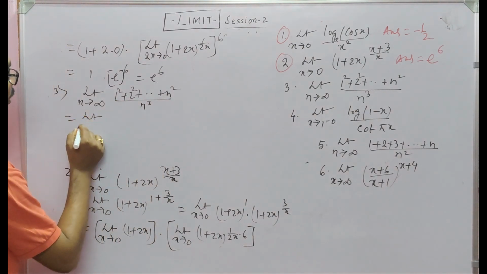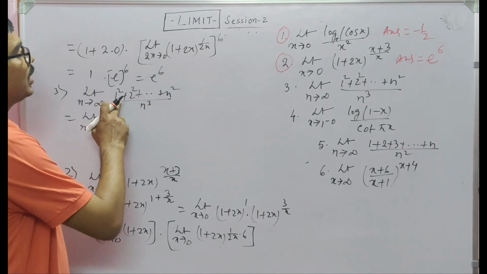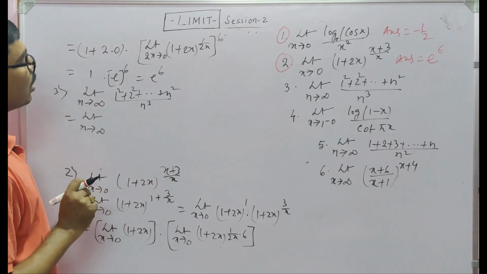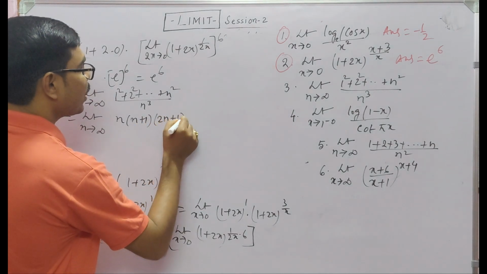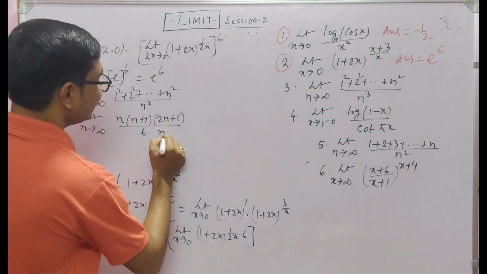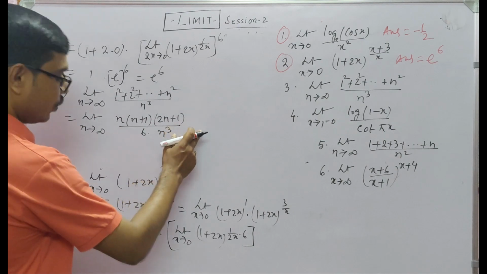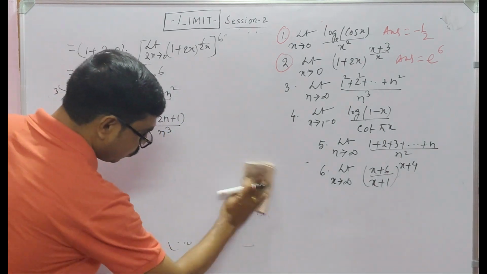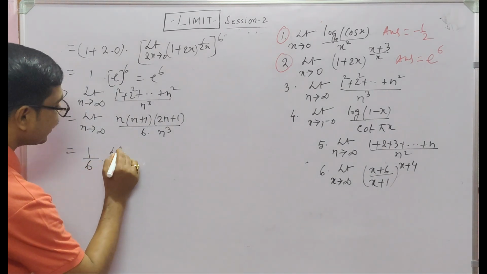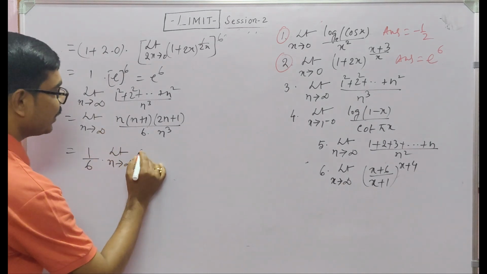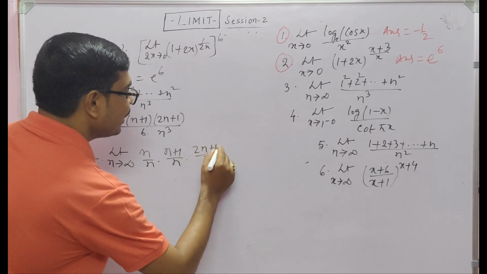This equals the limit of the sum of squares of natural numbers, using the formula n into n plus 1 into 2n plus 1 by 6, over n cube. n cube means n into n into n, three times n, so 1 by 6 comes outside. As n tends to infinity, write n by n, n plus 1 by n, and 2n plus 1 by n.